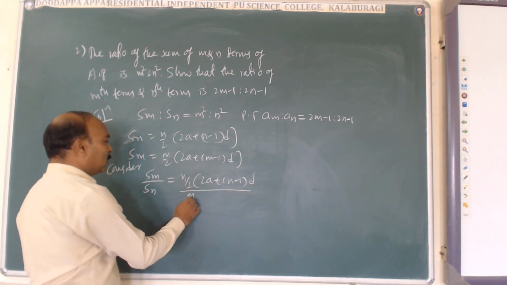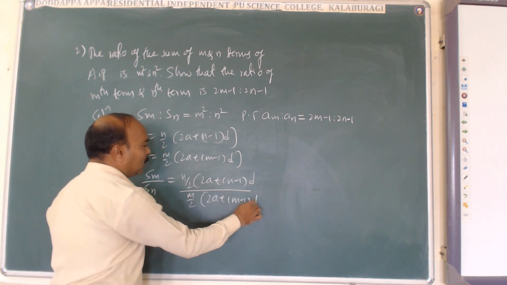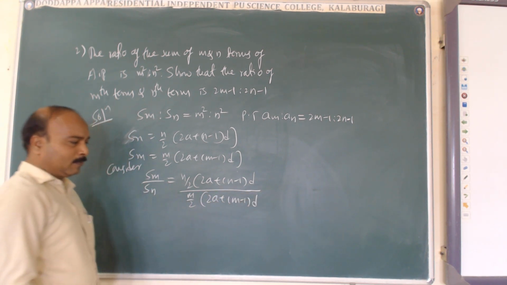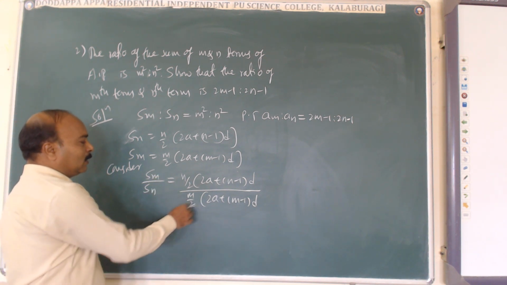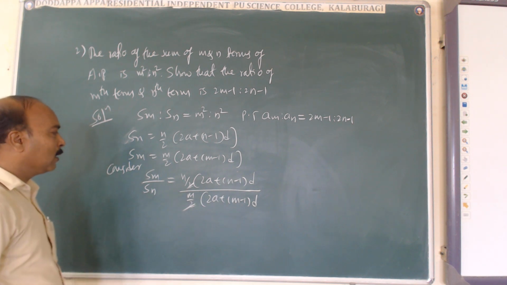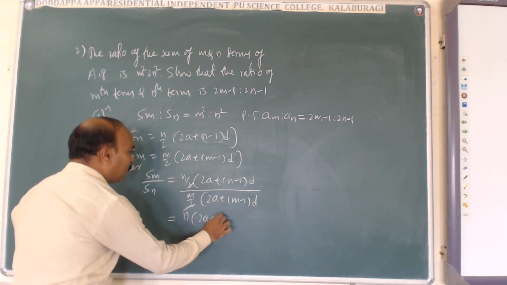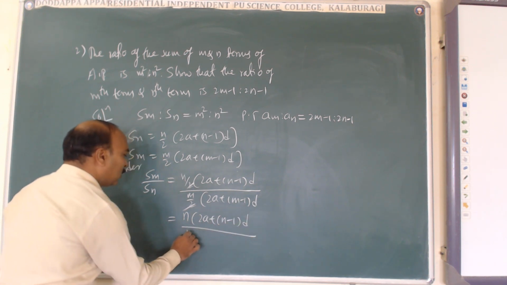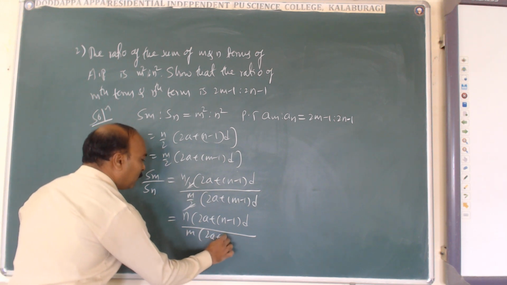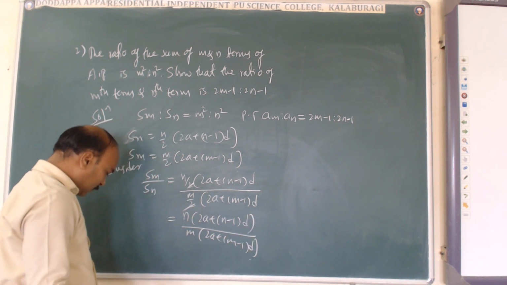This is the ratio of the sum of m terms and n terms of the AP. These two get cancelled. So here we get m into 2a plus m minus 1 into d divided by n into 2a plus n minus 1 into d. This stuff we get.